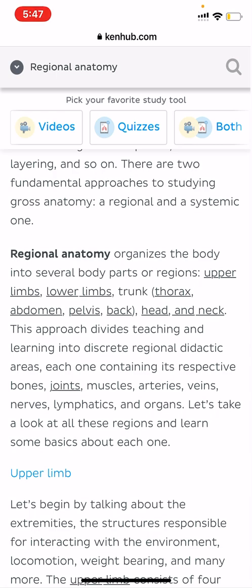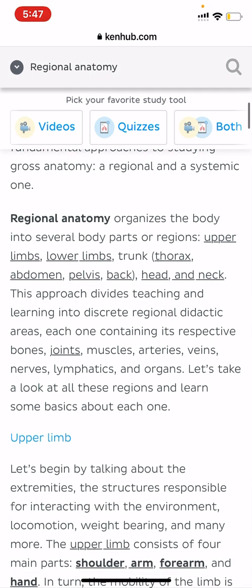Regional anatomy organizes the body into several body parts or regions: upper limbs, lower limbs, trunk, abdomen, pelvis, back, head, and neck.